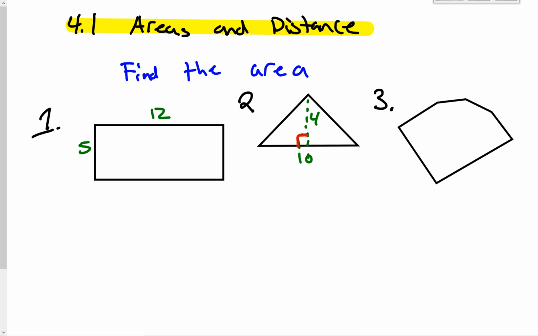Or we have the area of a triangle on the second one. But this third shape, even though we're not given numbers, I can give you numbers.